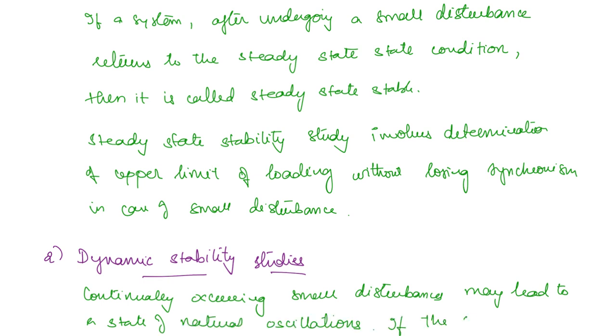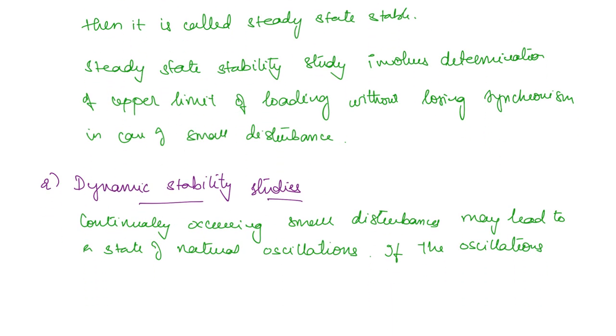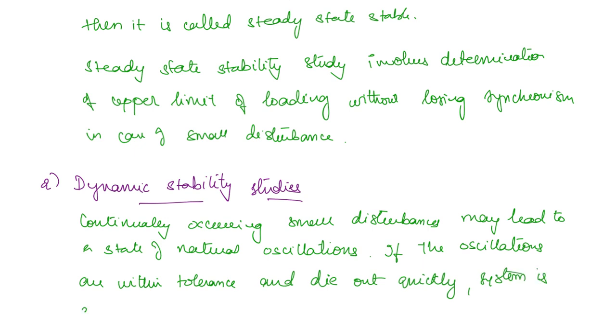Now, if the oscillations are within tolerance and die out quickly, then the system is said to be dynamically stable. Otherwise, it is dynamically unstable.